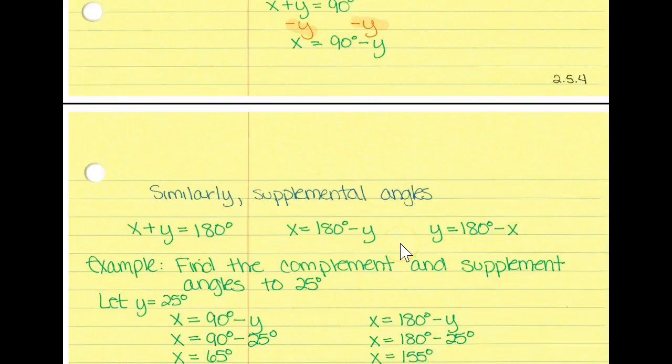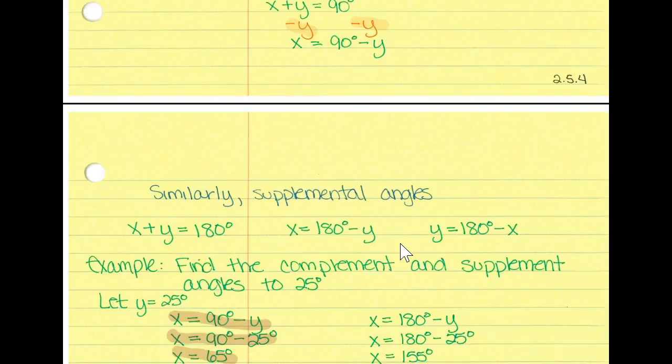Now this comes in handy when you're asked, find the complement and supplement of an angle of 25. I'm given one of the angles, so I'm given something like y equals 25. I can solve for x. So if it's a complement angle, x will equal 90 minus y. We know what y is, so it's 90 minus 25.